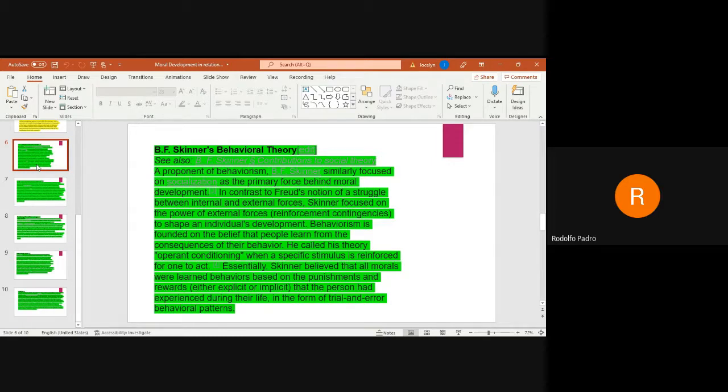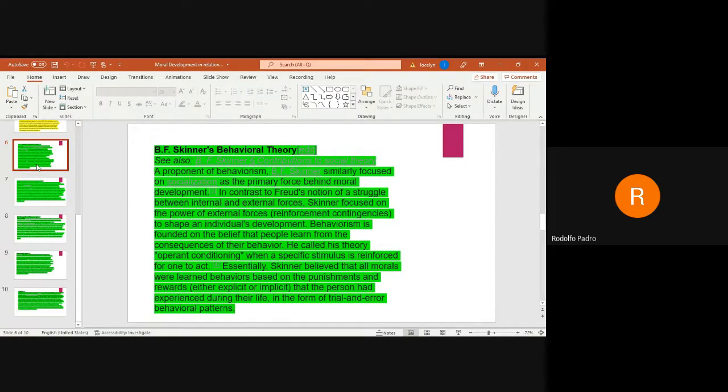Meaning, socialization plays a big role in a person's moral development. This is in contrast to Freud, who had the notion of a struggle between internal and external forces coming from the person towards how the person copes with the environment.